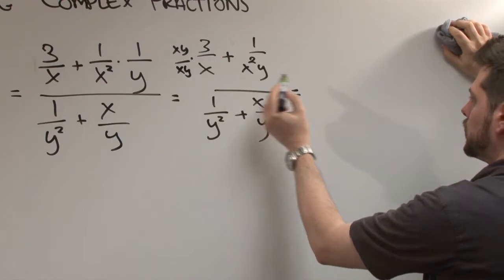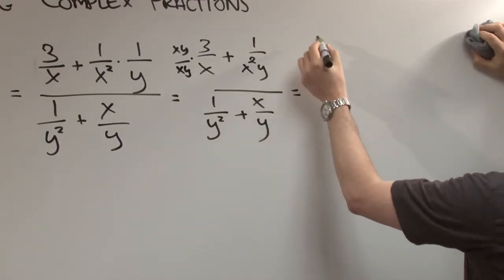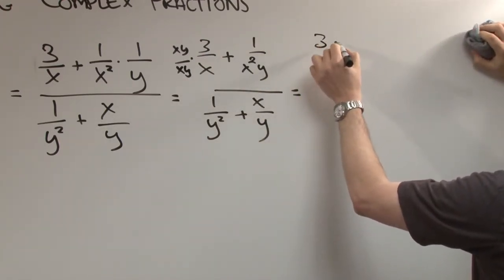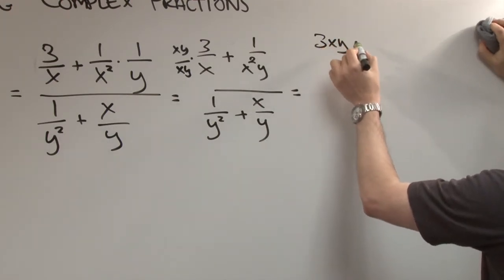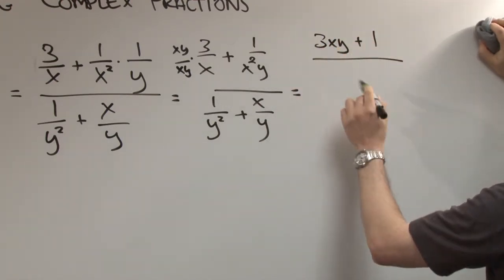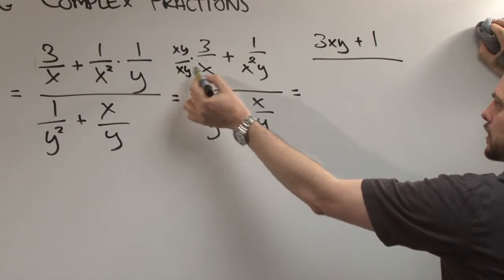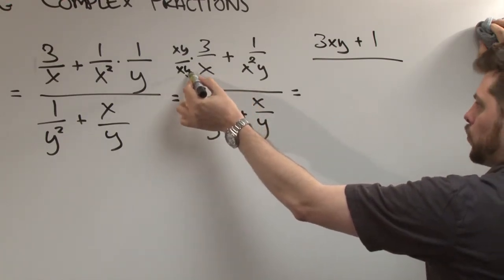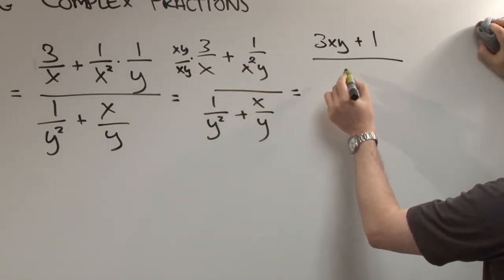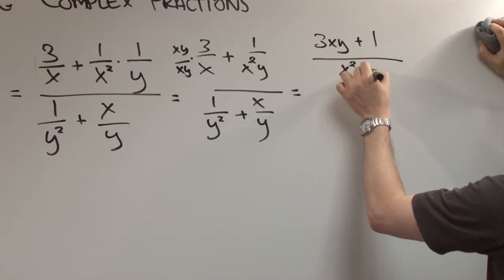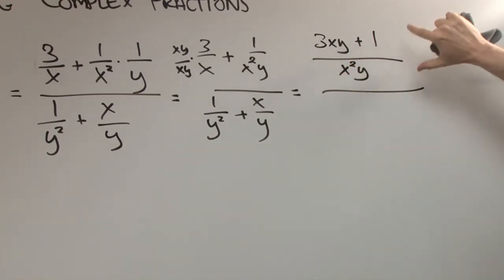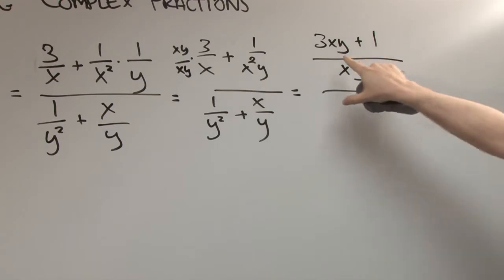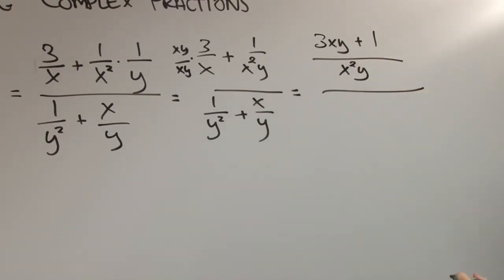This just has the x in it. So when I do that, I end up with the top 3xy plus 1. And now that I know that x times x is x squared and y is just y there, my single fraction on the top turns into this quantity, 3xy plus 1 divided by x squared y.